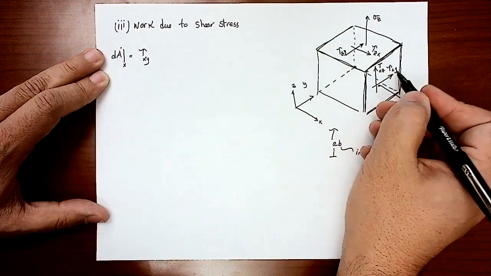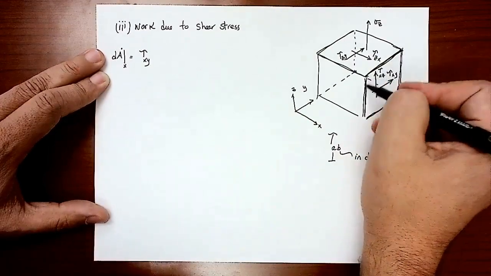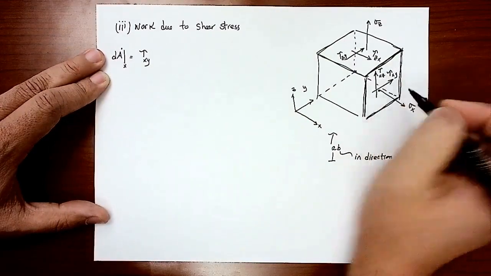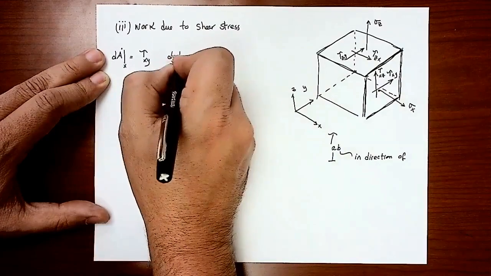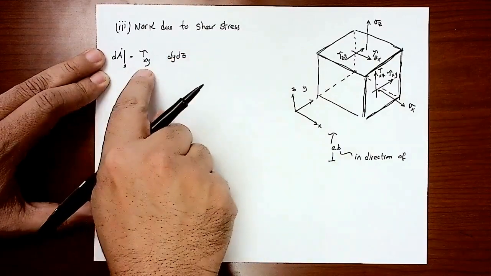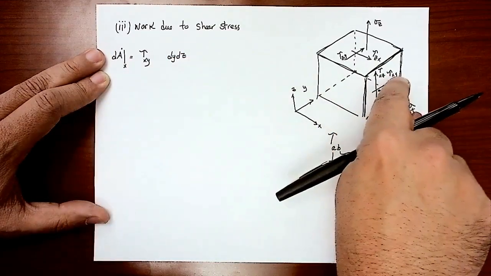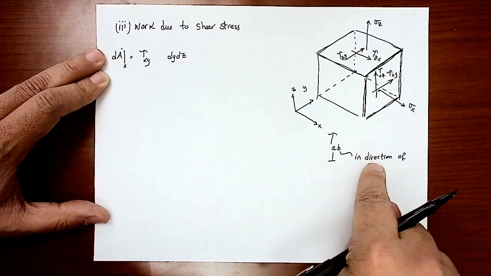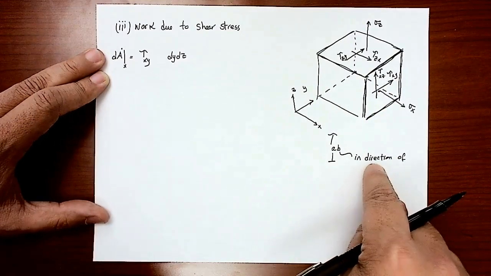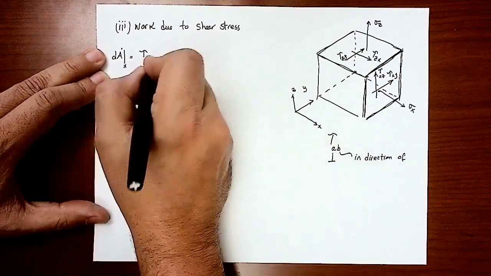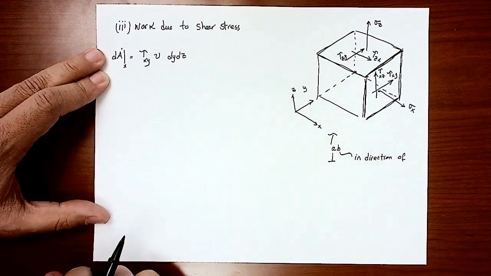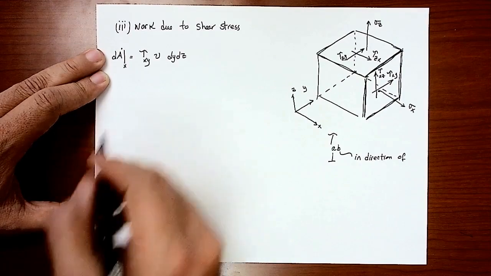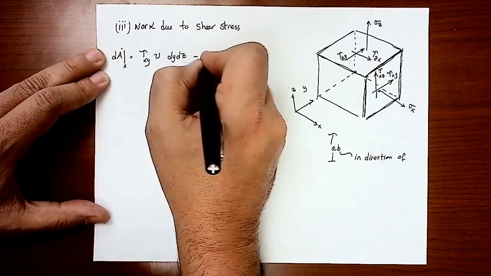So the area parallel to that shear stress is dy dz, so I'm going to multiply by dy dz. Remember, this is in the y direction according to the labeling system. If you are in the y direction, you will have the velocity component v, right? So this is 1. Then if I look at the variation of this one, it will be the same.